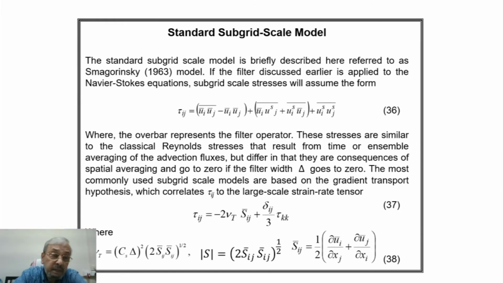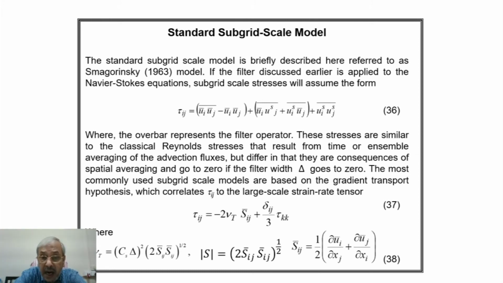These stresses are similar to the classical Reynolds stress that results from time averaging or ensemble averaging of the advection fluxes, but differ in that they are the consequence of spatial averaging, and they go to zero if the filter width goes to zero.